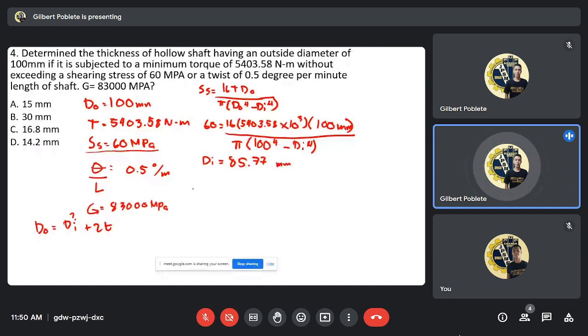So, meron tayo DO na 100 minus the 85.77. Store na yun guys ha, pag medyo mahaba na yung decimals. Ay, nagkamali ata ako.